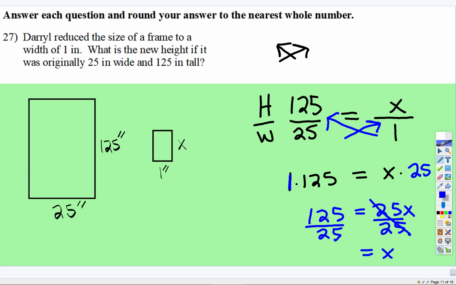And if you don't know the answer in your head, you've got a calculator right there on your desk. Go ahead and do 125 divided by 25, and you're going to have 5, but then you need to tack on the inches symbol. So x, this height right here, would equal 5 inches.